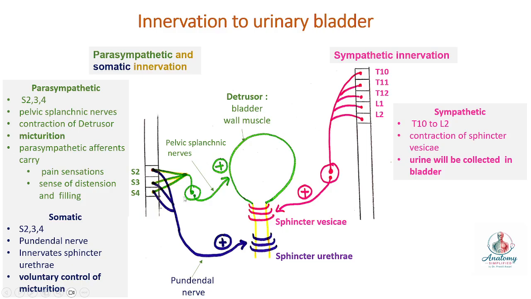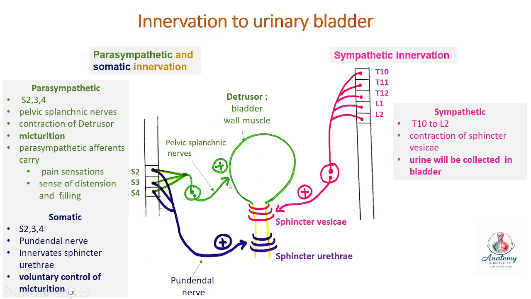I haven't named this plexus because it would have been too crowded. You can see a plexus, and from that plexus nerves come out. These nerves are the pelvic splanchnic nerves. These pelvic splanchnic nerves innervate the detrusor muscle of the bladder wall. They activate this muscle, so they are excitatory.